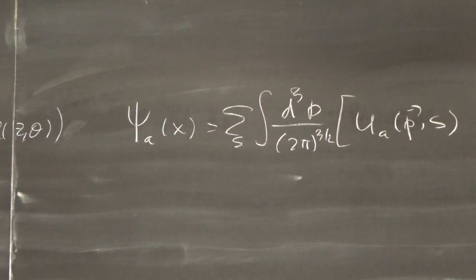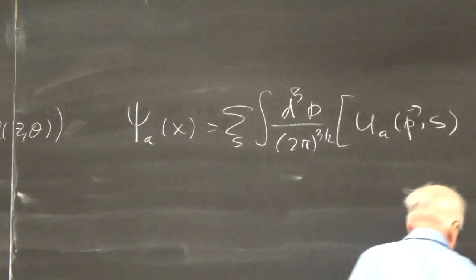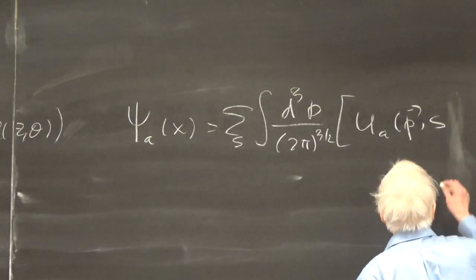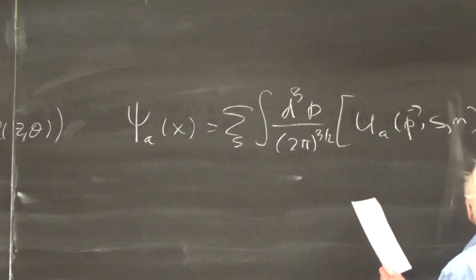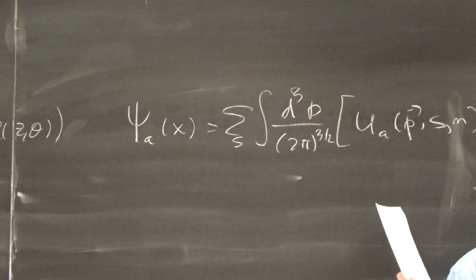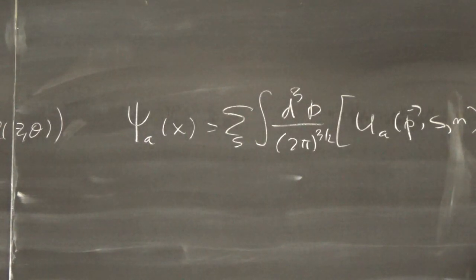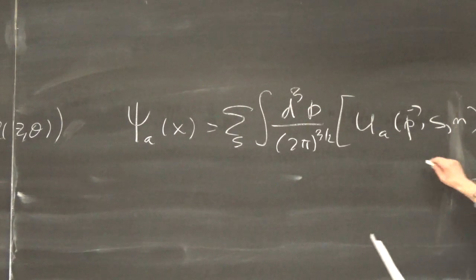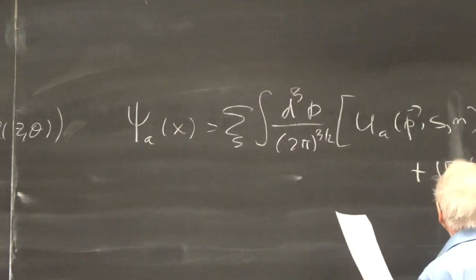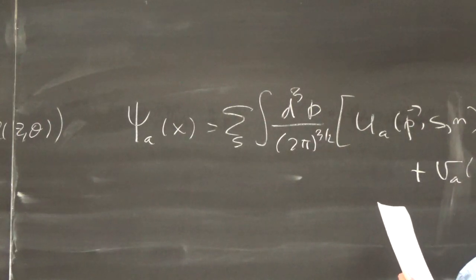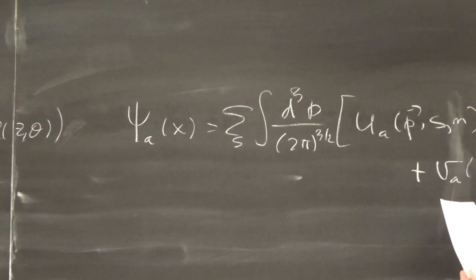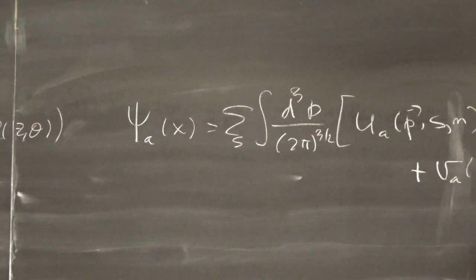Well, actually one does, so all right, I'll put in a kind label, just to be kind. e to the i p x, a of p s n, and then I'll write this as plus v sub a of p s n sub c, really, a dagger of p s n sub c, or one could write this as a sub c.